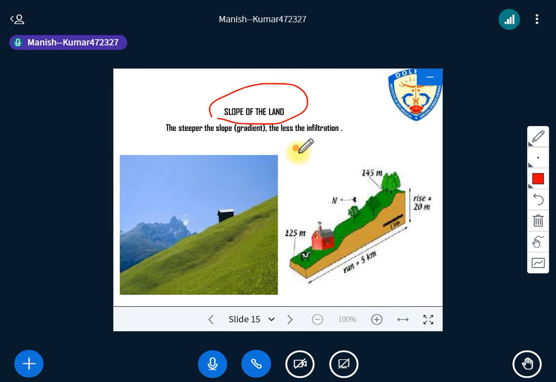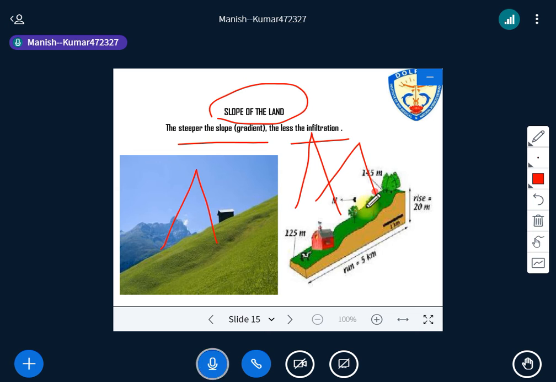How does the slope of the land have an impact on the infiltration capacity? The steeper the slope, the less the infiltration. Why is this so? What's the reason for that?